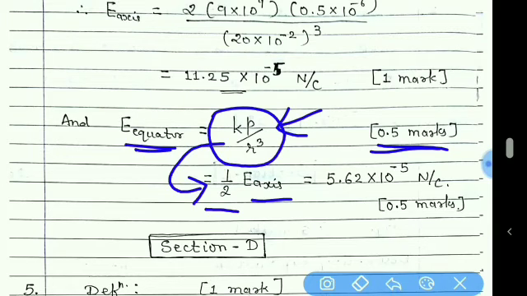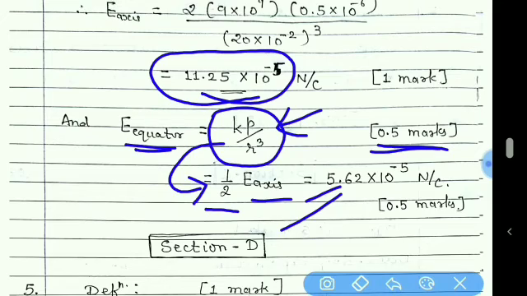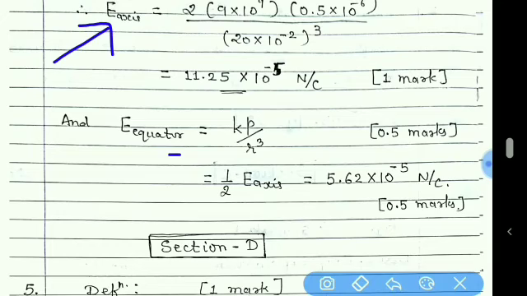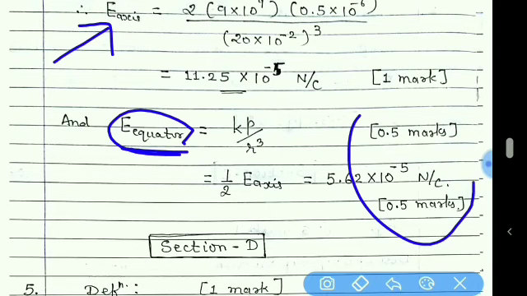So simply you have to make half of this and you will get this answer. So if you have correctly obtained this answer with unit, then again 0.5. Now you can see most of the calculation is carried in this equation. Here the work is very small. So for equator, only 1 mark in all is considered.